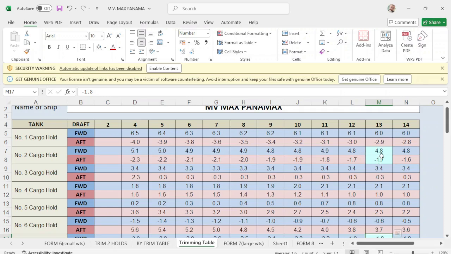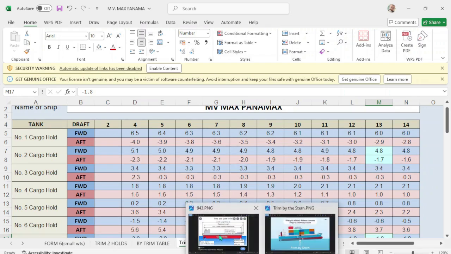So from 4.8 to 5.1 is only an estimate. So this is your forward hold, 4.8 and 1.7 aft.